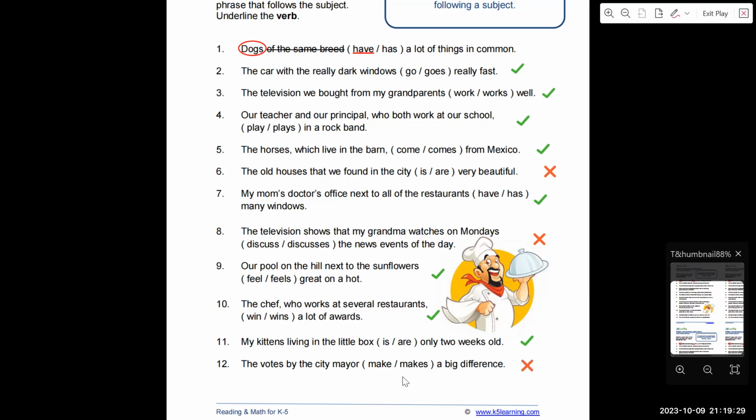Okay, but your first answer is makes, right? So you know the verbs, but why did you use makes? I thought you would say mayor. That's why you use makes. So the correct subject there is, you are right, the votes. So the correct verb should be make. Why did you know the subject but get confused with the verb? I thought you got confused with votes or city mayor.